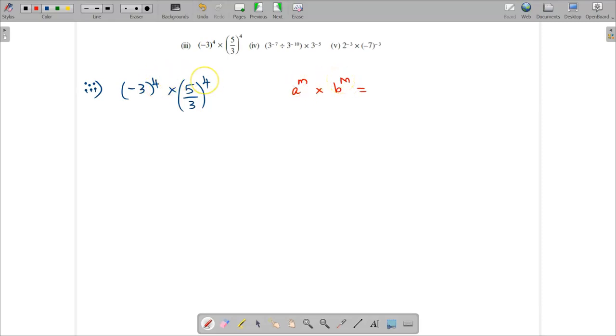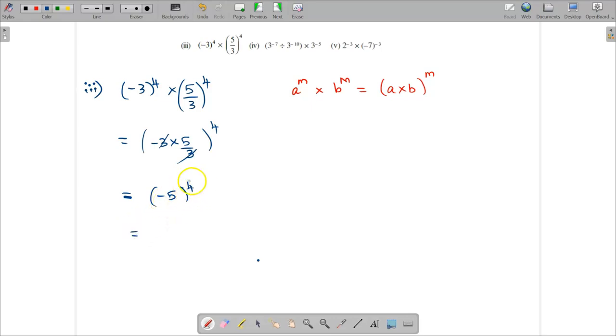Here commonly we have power 4. So take the common power outside, and multiply the bases as a into b. Take the common power outside and multiply the bases: minus 3 into 5 by 3. The 3 gets cancelled, and we have the negative term, so minus 5 the whole power 4.